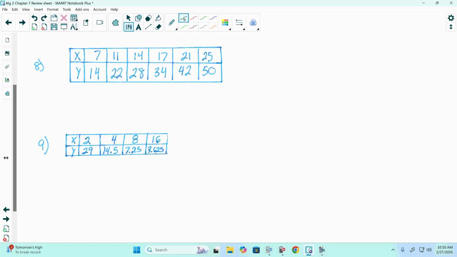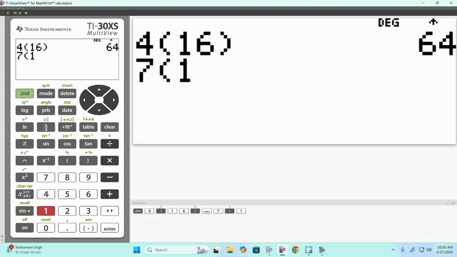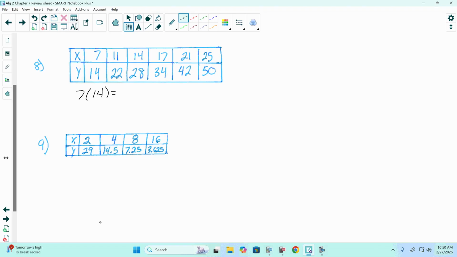So if we look at 8, well, I can just start with multiplying. It really doesn't matter which one I do first. 7 times 14 is 98. 11 times 22.